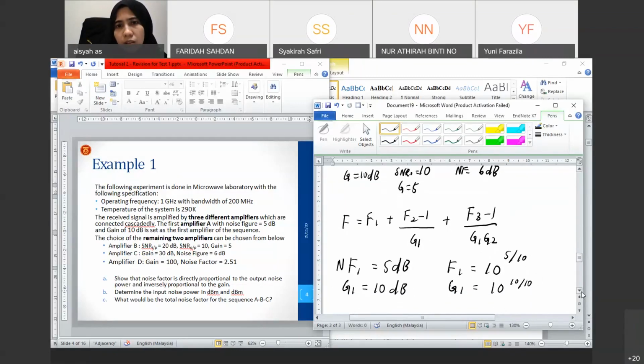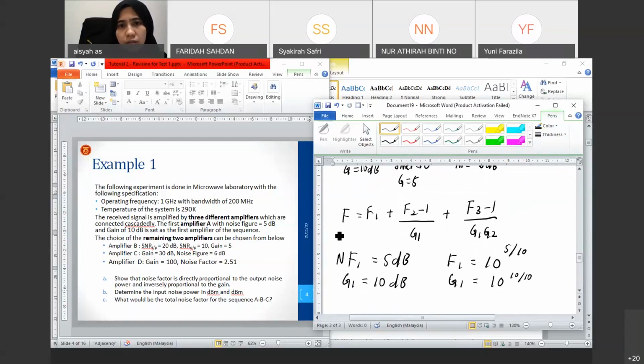And then for F2, noise factor is SNR input over SNR output.